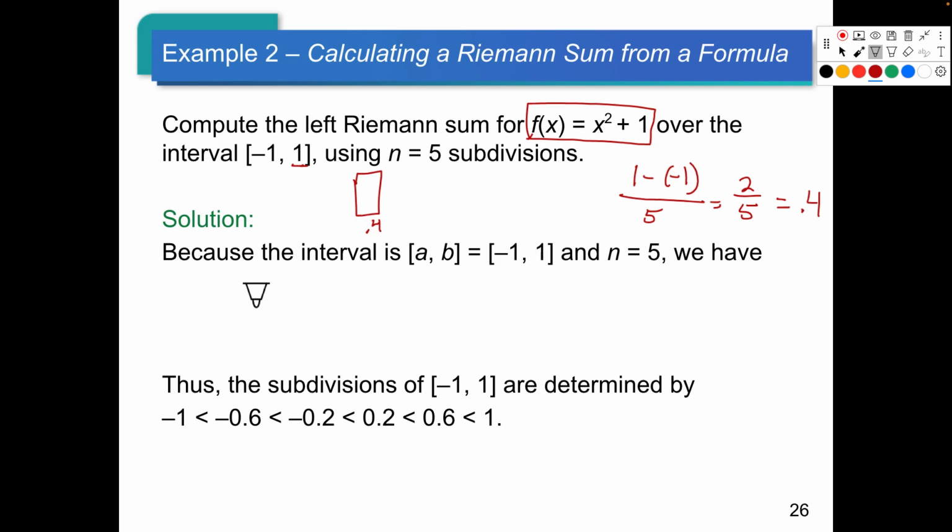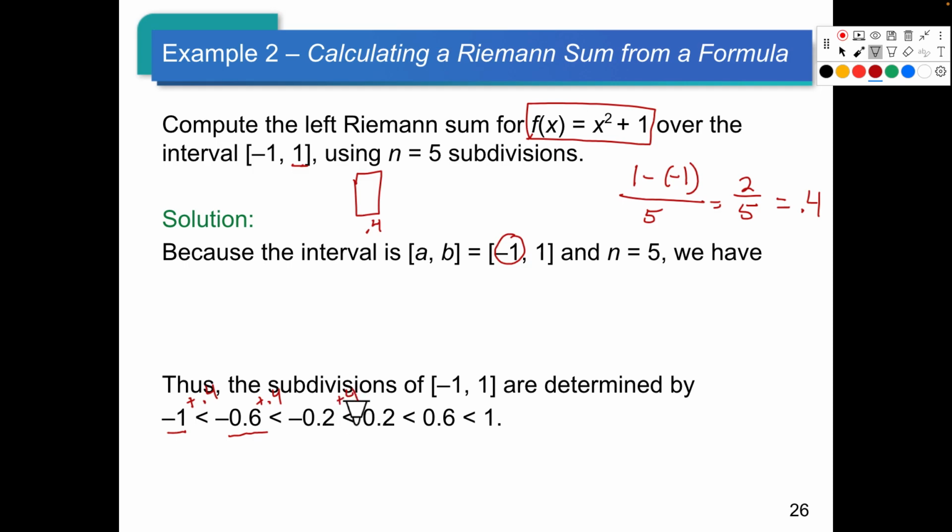Where do we start? We start at the left side, -1. So we're going to need to calculate this. They've got them here. -1, add 0.4 to -1, you'll get -0.6. Add 0.4, so each time you're adding 0.4, you get to -0.2.